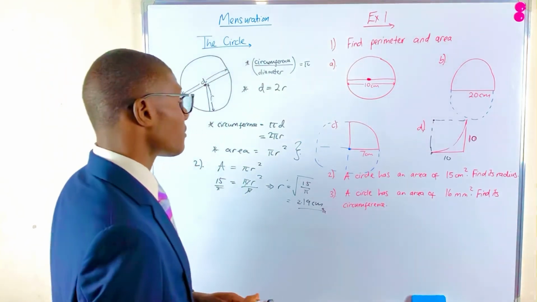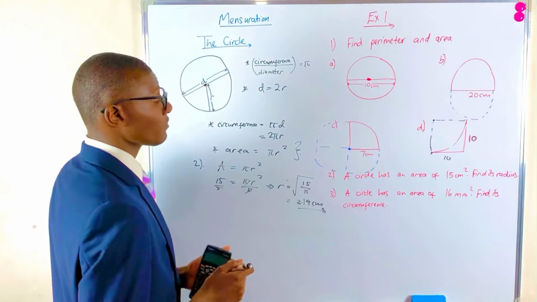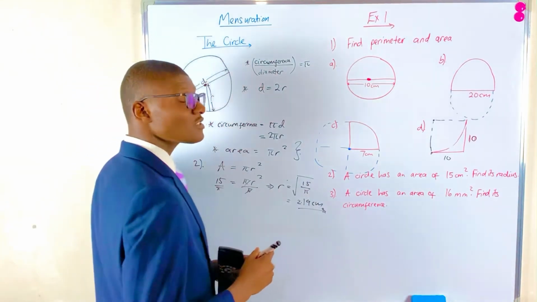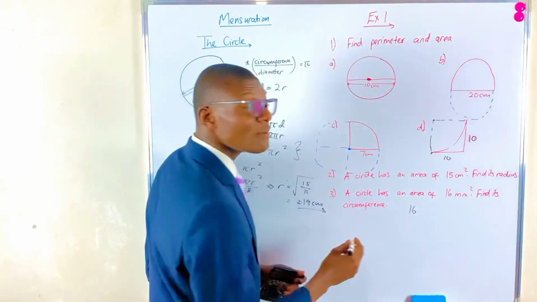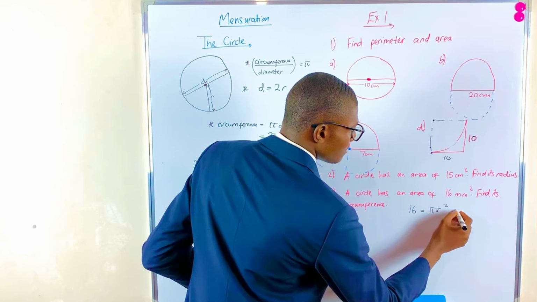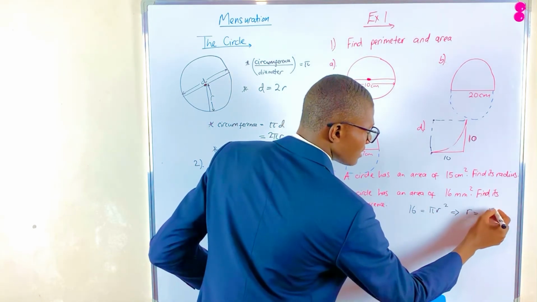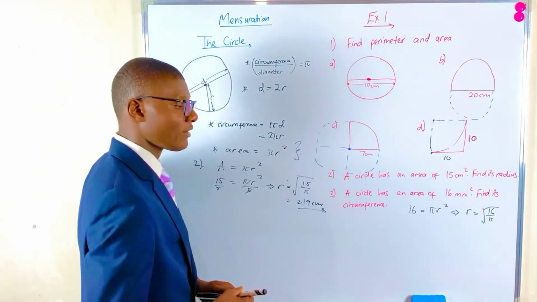Now moving on to number 3, a circle has an area of 16 square millimeters. Find its circumference. So first of all, we need the radius, right? So we're saying that 16 square millimeters is equal to pi r squared, which implies that r would be 16 over pi, then the square root of that, right?